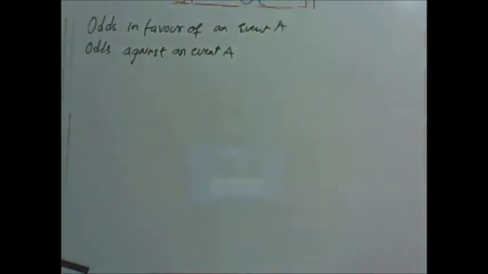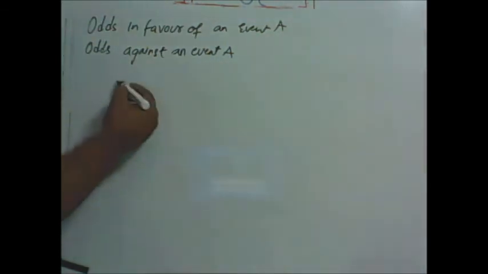Now suppose there is an event A in a sample space which can happen.